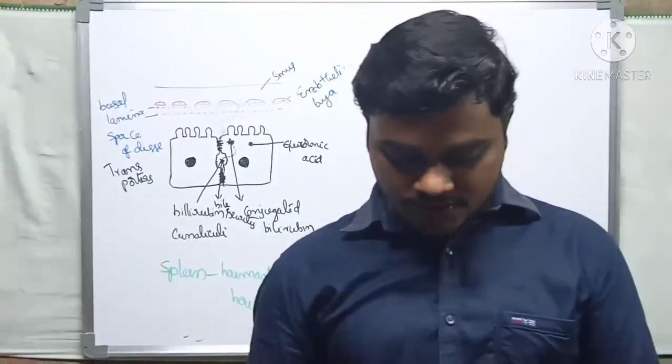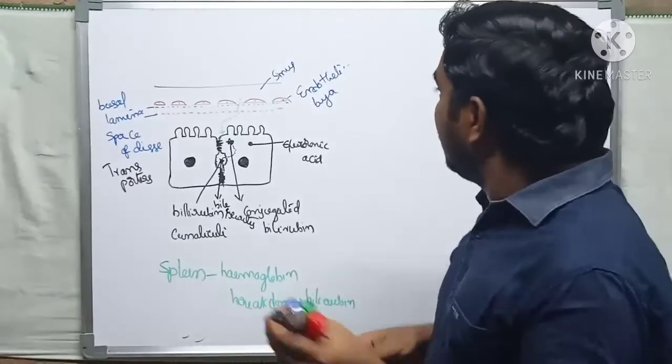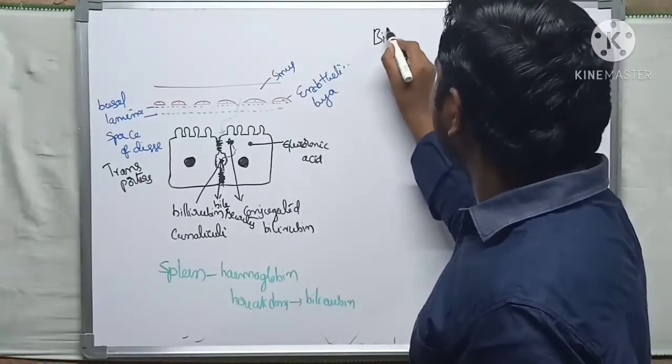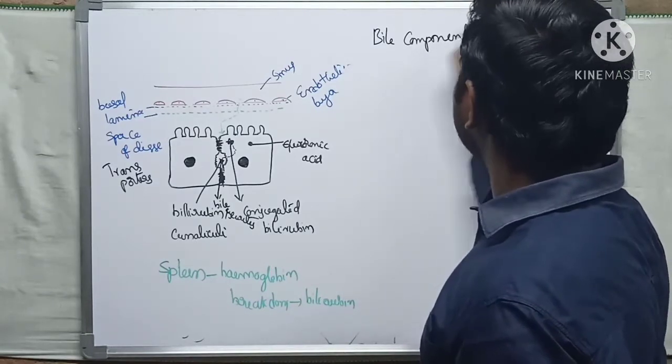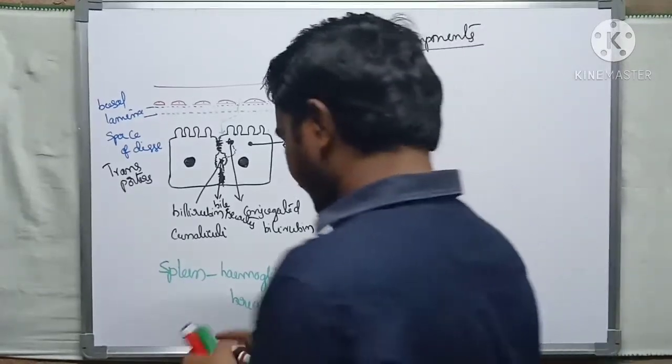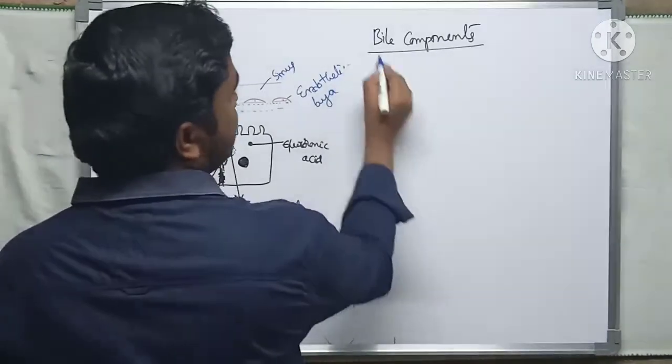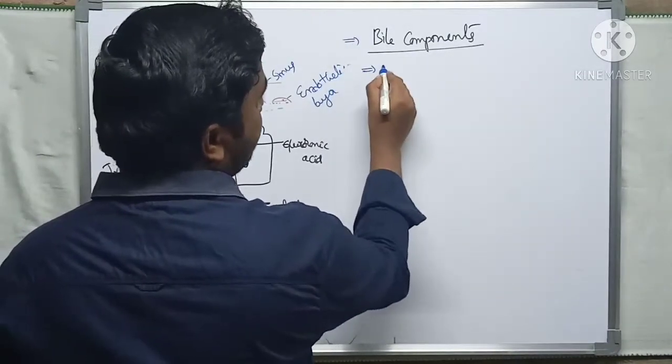First and foremost, the bile components: obviously bile is secreted from the hepatocytes.